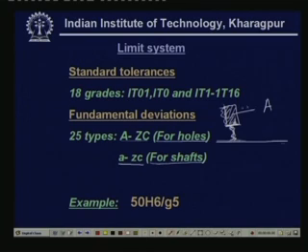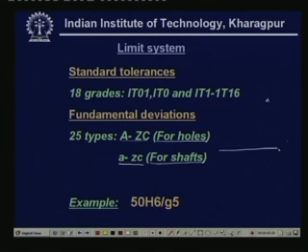I would like to draw this figure once again, just for clarity's sake. And this is A. I have drawn it in a smaller manner than the earlier drawing. The reason is that this tolerance level, let us consider as say IT1. In a similar manner, if we take IT5, then this tolerance band increases.